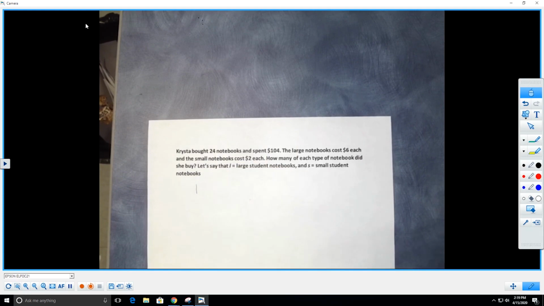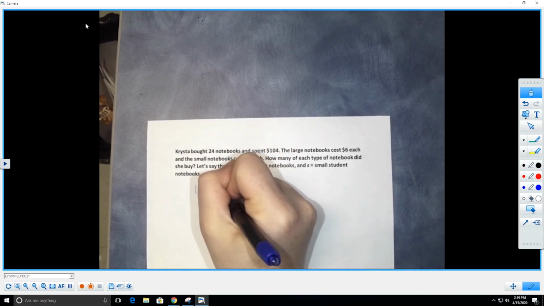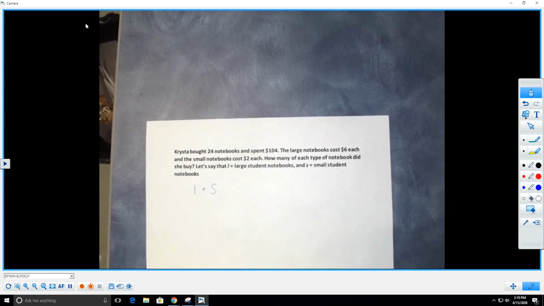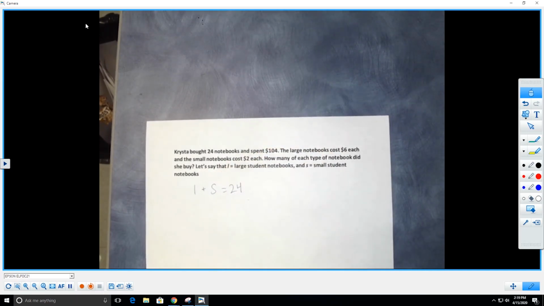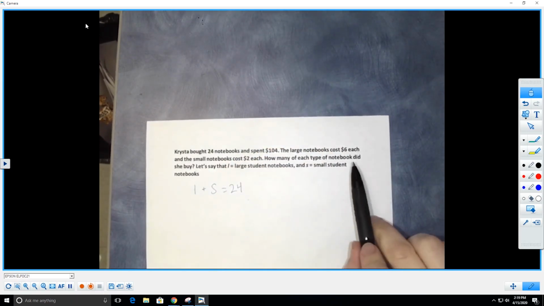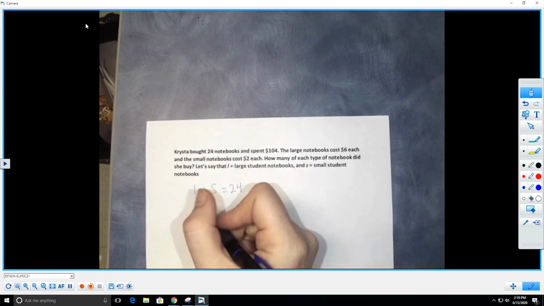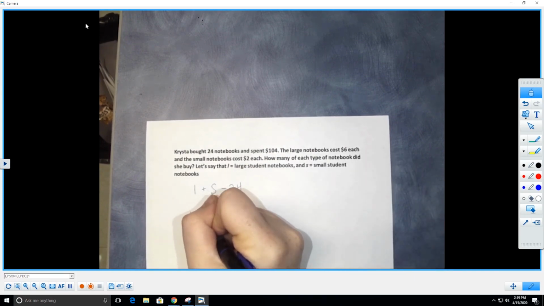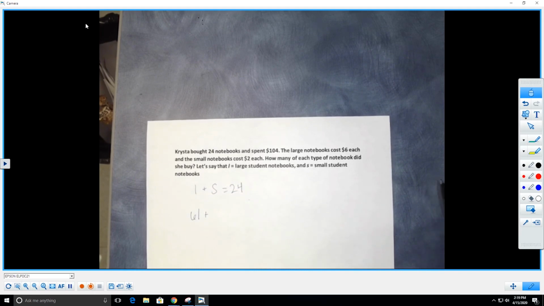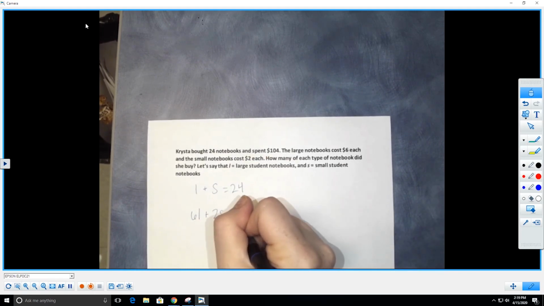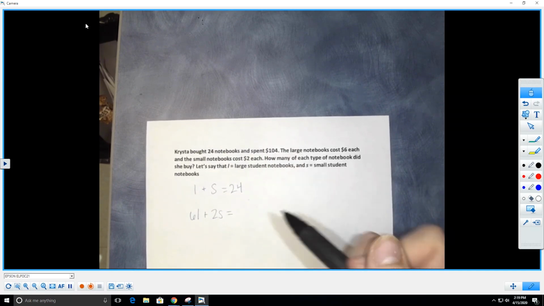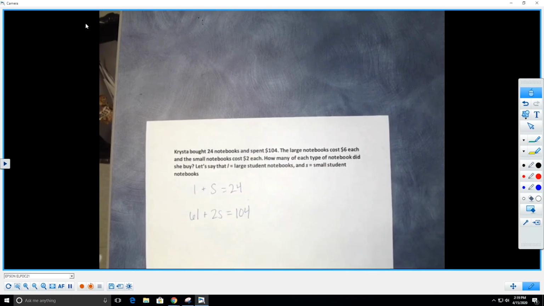Did you set your equation up like this? We know that the large student notebooks plus the small student notebooks is equal to 24 because we bought 24 in all. We know that the large notebooks cost $6 each. And we know that the small notebooks cost $2 each. And that we spent a total of $104. Great.